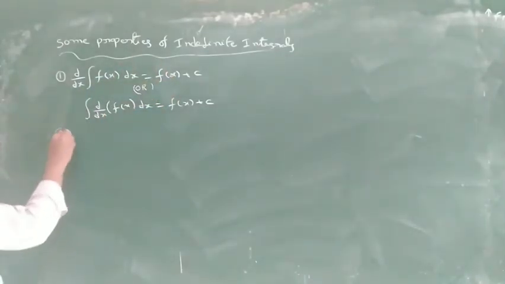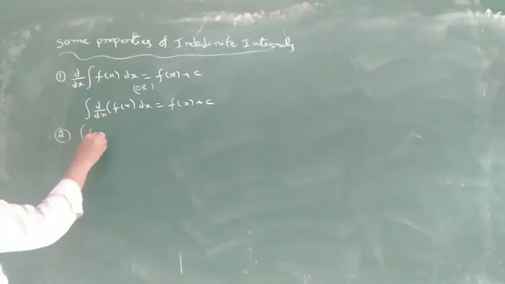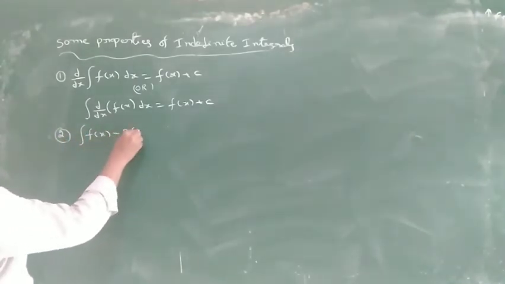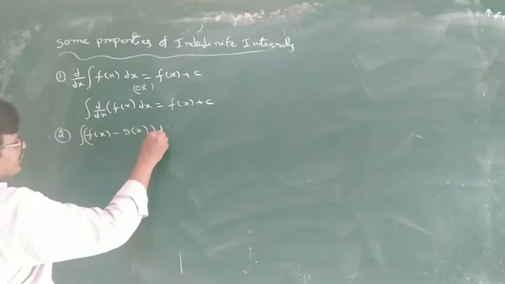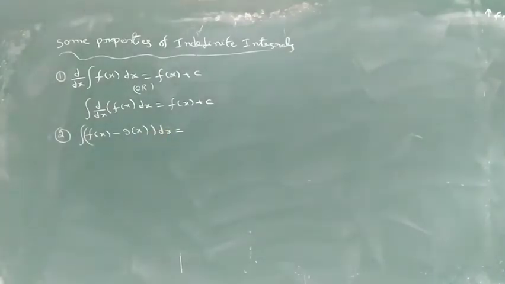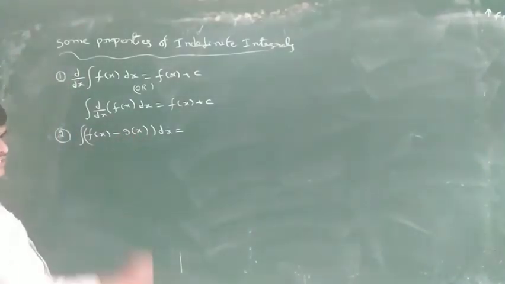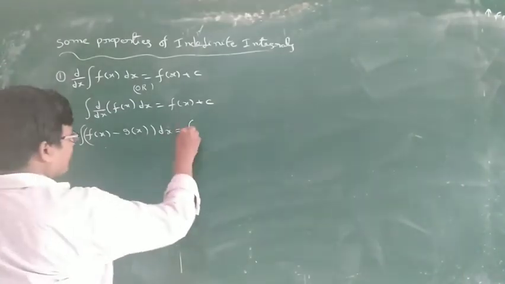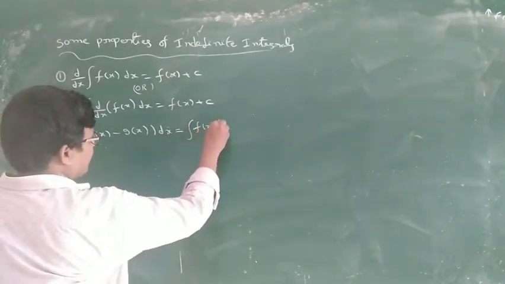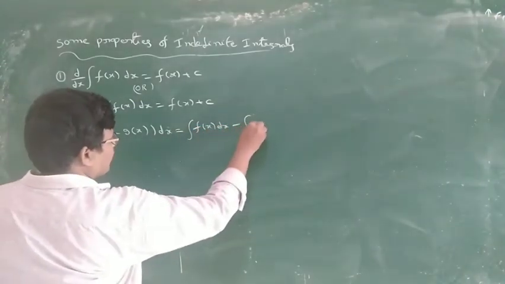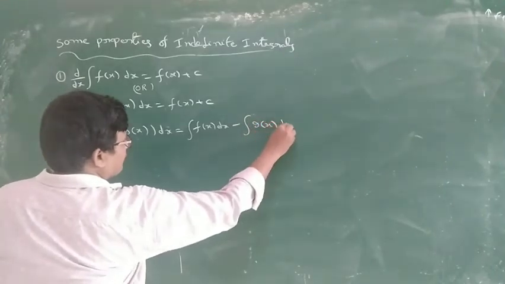Next, integral f of x minus g of x dx. You know the derivative of u minus v is the derivative of u minus the derivative of v. Same as it is, integral u minus v is integral f of x dx minus integral g of x dx.